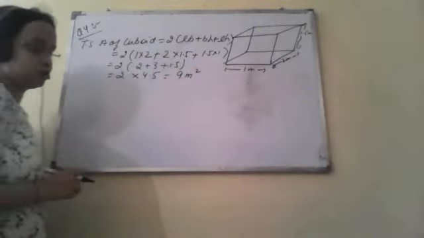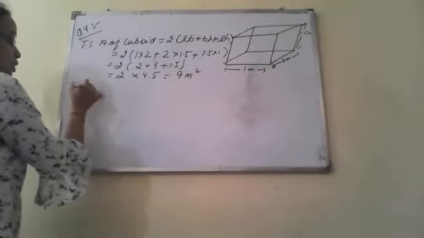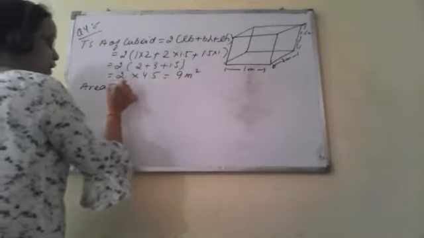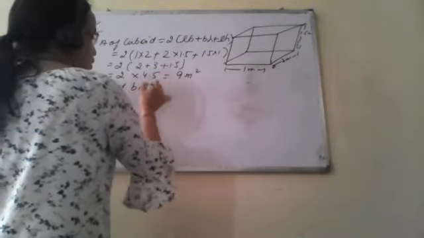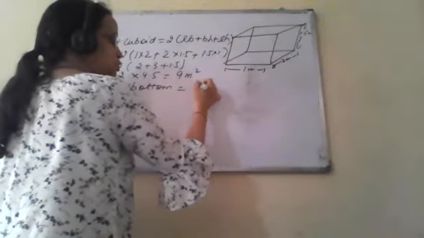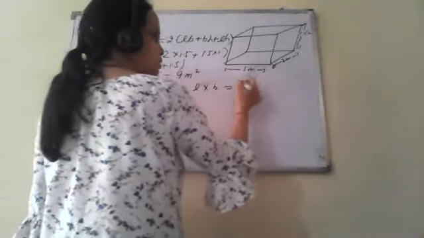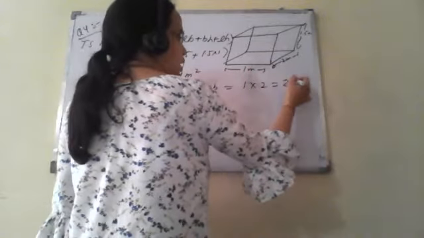And we have to calculate all the area except the base. So the area of the bottom will be L into B, that is 1 into 2, that is 2 meter square.